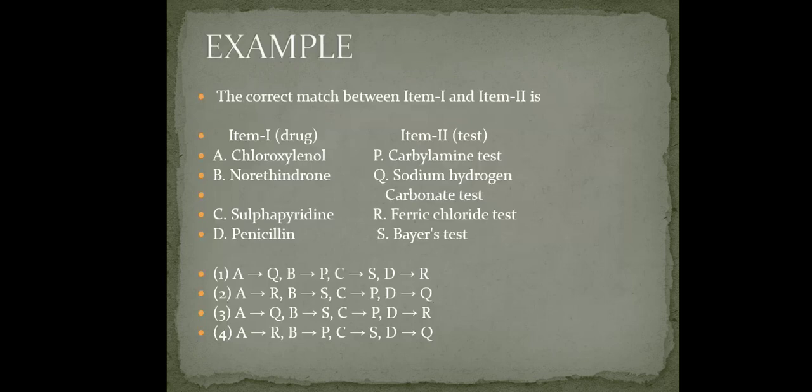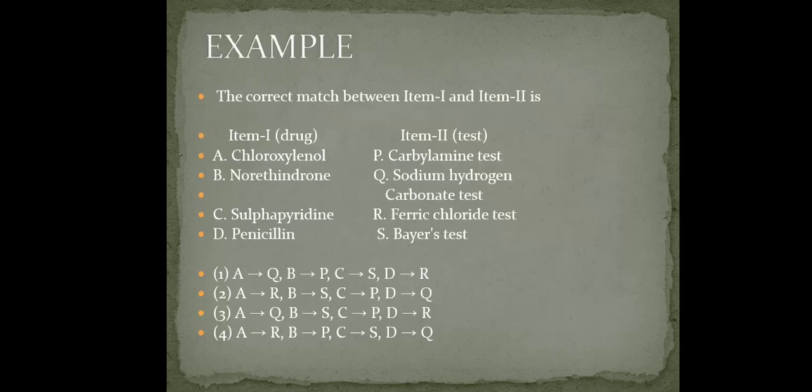Now, to understand it in a better way, let us try to take an example. This particular example was a question from IIT JEE 2019. Now, let us try to analyze it. In this question, they have given two columns, and we have to match them.